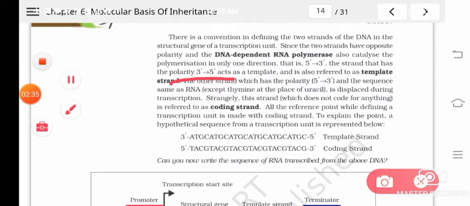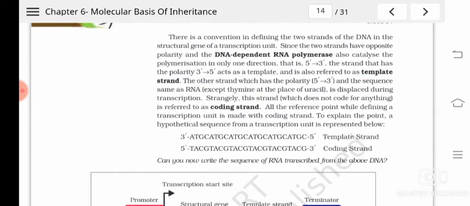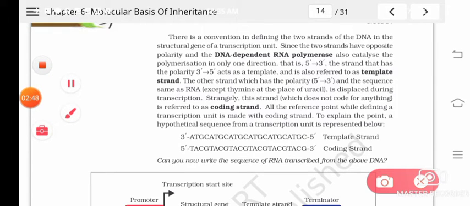The strand in the 3'5' direction acts as the template and is known as the template strand. The other one, in the 5'3' direction, is known as the coding strand. Actually it doesn't code for anything, but still it is called the coding strand.